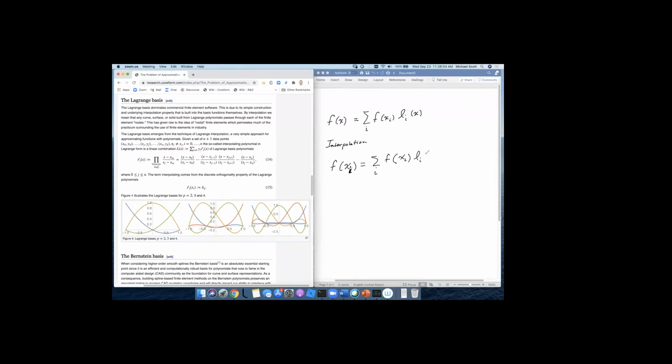Li evaluated at xi. What do you know about the ith Lagrange polynomial evaluated at position xi from this property right here? What does it equal? 1.